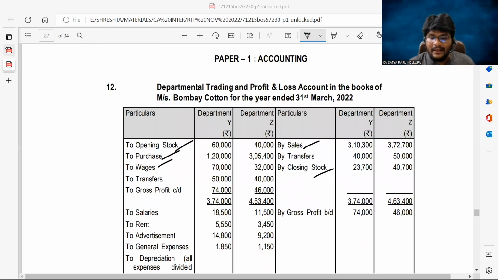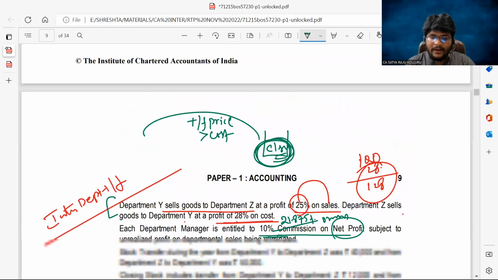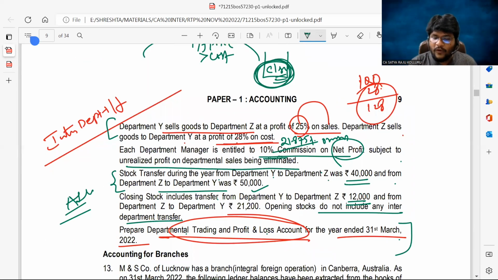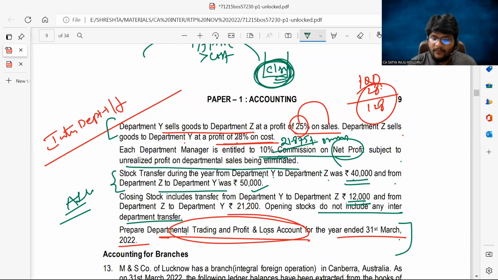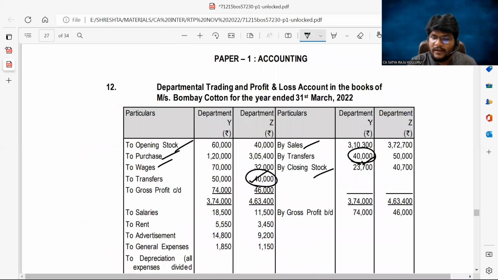Now, interdepartmental transfers have happened. Y to Z, 40,000. That means for Y it is sales, and for Z it is purchases. In the same way, Z to Y 50,000: for Z it is sales, and for Y it is purchases.